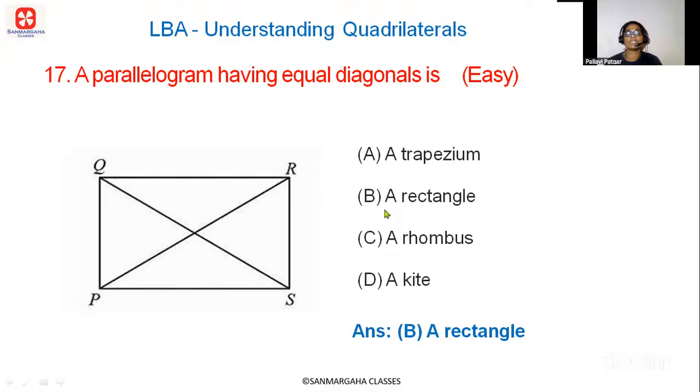One of the fundamental properties of the rectangle is that its diagonals are always equal in length.